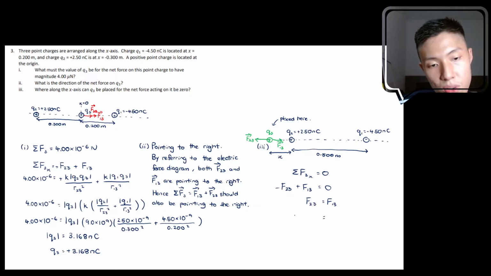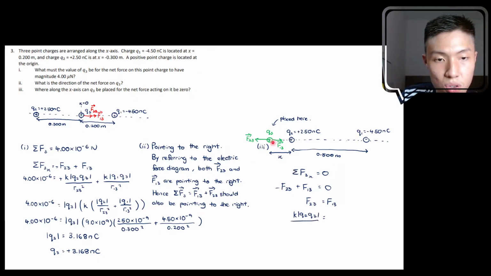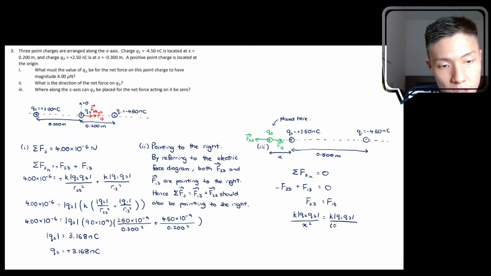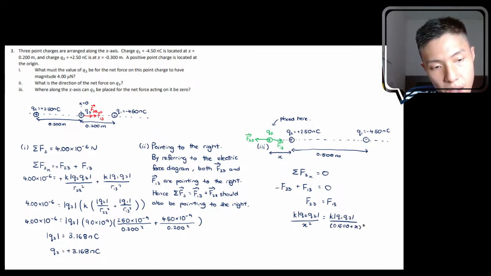So now you know k, Q2, Q3. Then what's the distance between Q2 and Q3? The distance is x, squared. On the other side, you have k, Q1, Q3, and the distance between Q1 and Q3 is 0.5 plus x, squared.